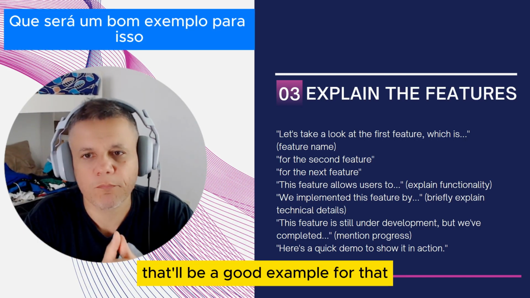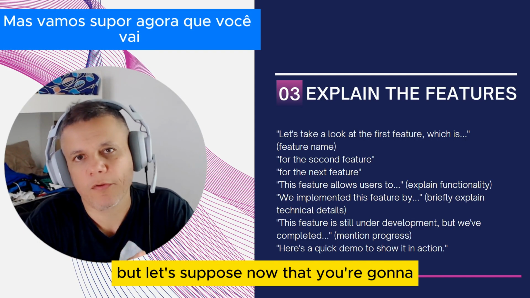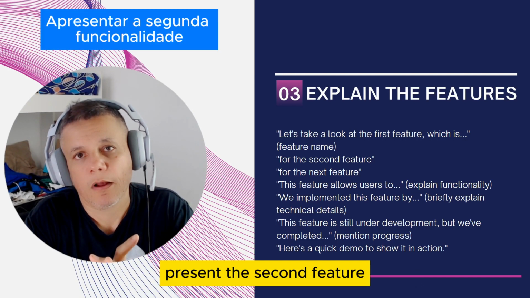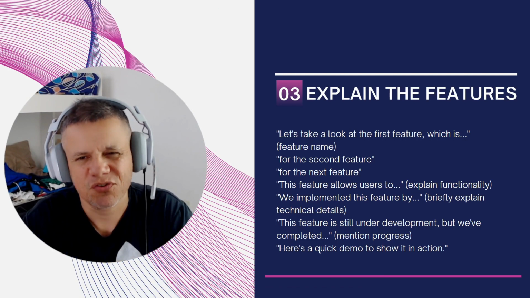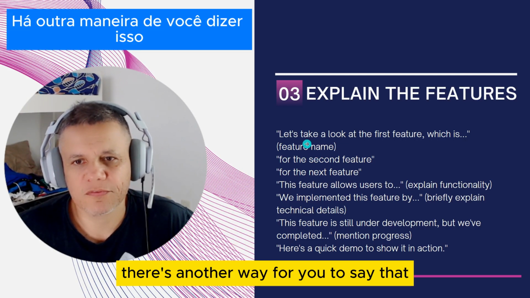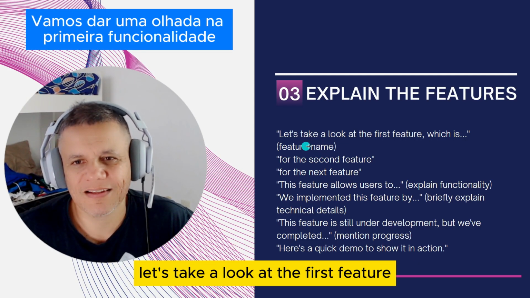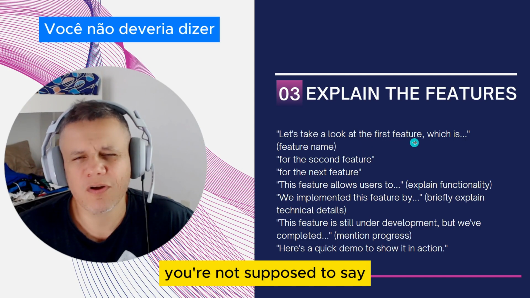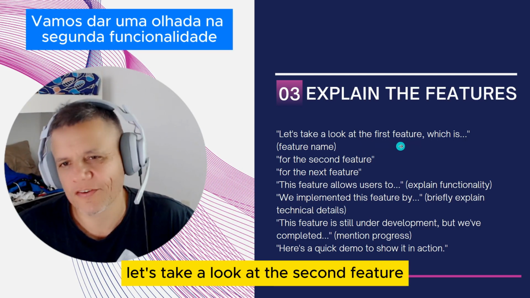That'll be a good example. But let's suppose now that you're going to present the second feature. There's another way for you to say that. You're not supposed to say, let's take a look at the second feature. Let's take a look.